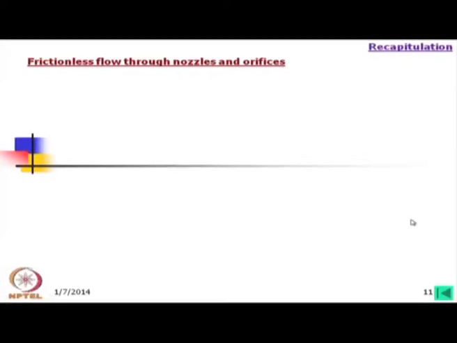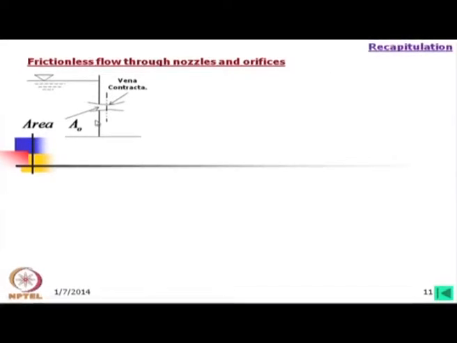Now, frictionless flow through nozzles and orifices. Another important thing we should know is the equations for pressure when the flow is through an orifice, because this is important in fluid power. In each and every piece of equipment you will find several orifices through which flow occurs.